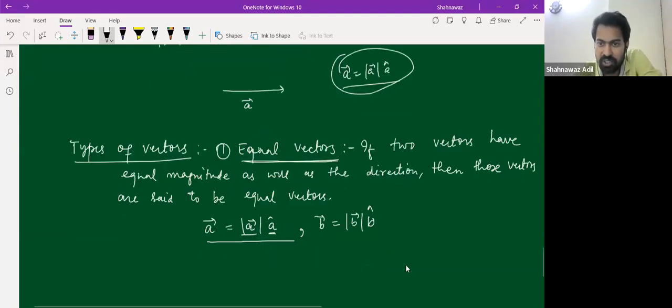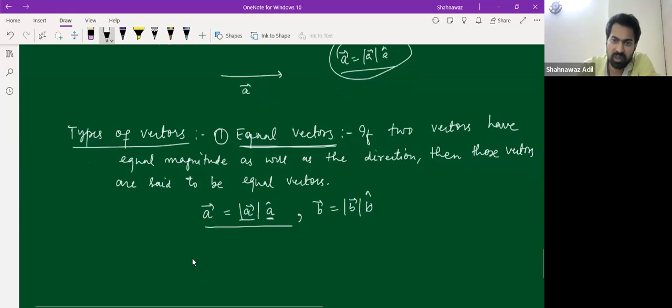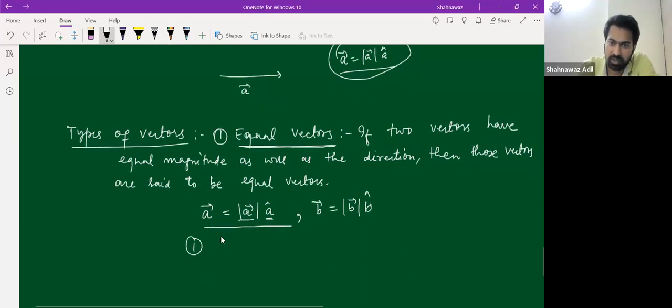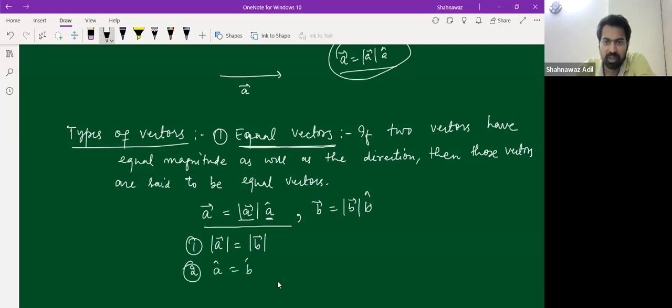So to have two equal vectors, the first criterion is that this A magnitude is equal to this B magnitude. And the second property that we need to fulfill is that this A hat should be B hat. If these two hold, then this vector A would be equal to this B.